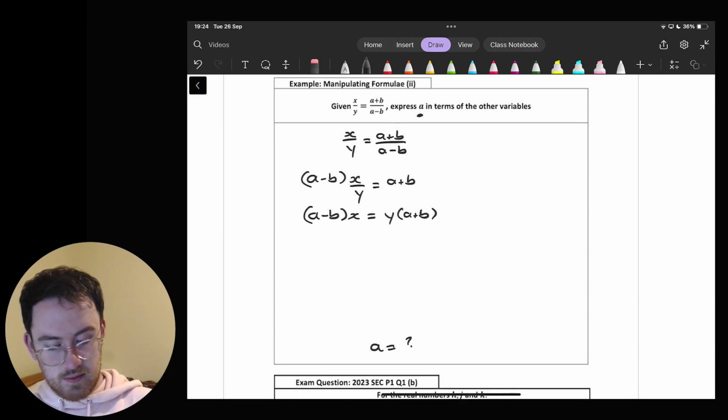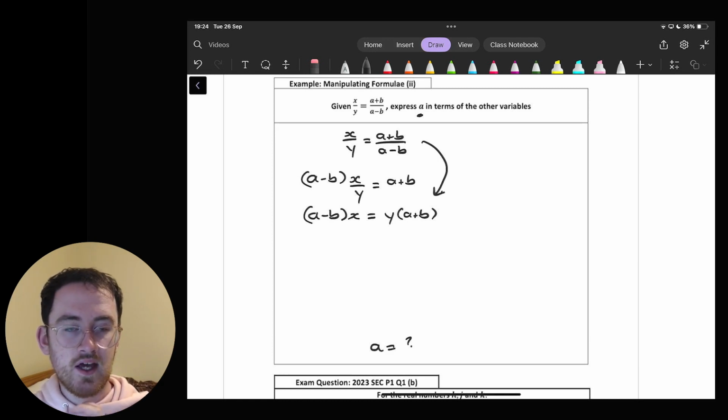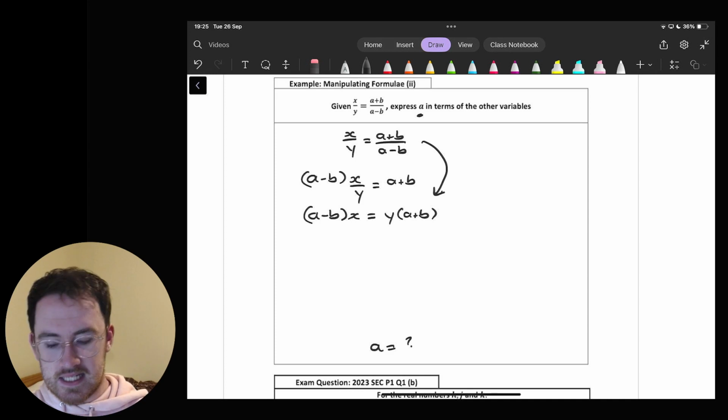Now you may be able to go straight from this step to this step by cross multiplying, but you just have to remember with cross multiplication that it only happens when we have one fraction equal to another fraction. Really what I've done there is break that down into two steps, and that avoids us making any mistakes.